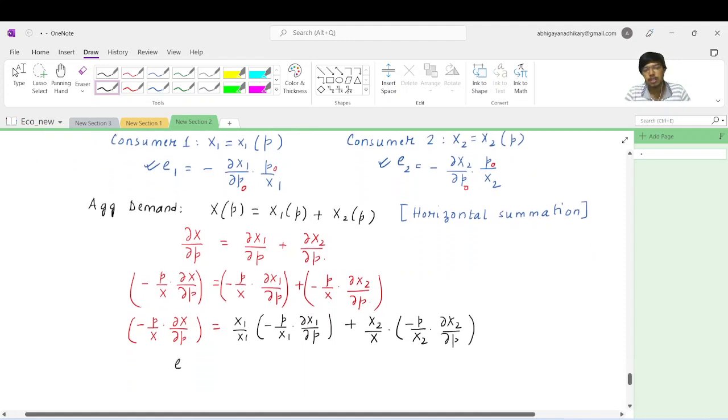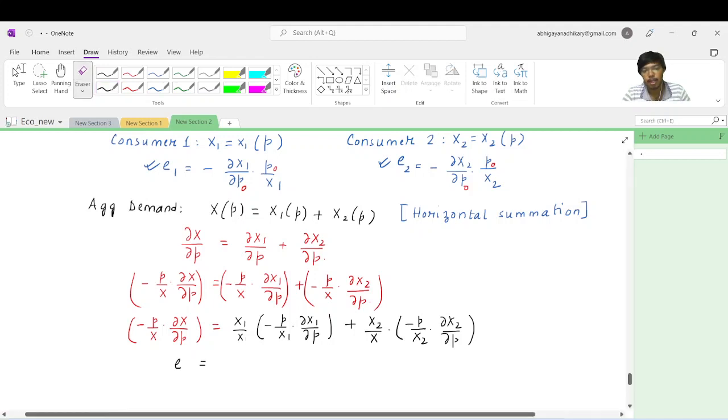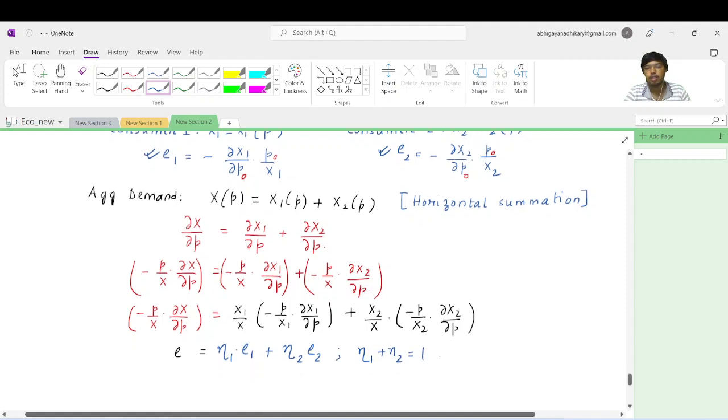So this is x1 by x, some kind of proportion of demand for good one. So that is eta 1 E1 plus eta 2 E2, such that eta 1 plus eta 2 equals 1. Right, so this is the structure that we get.